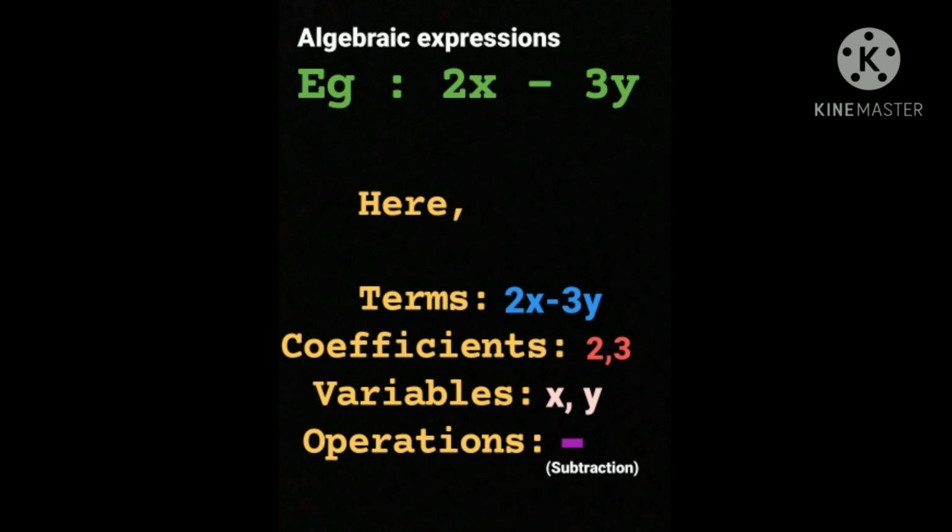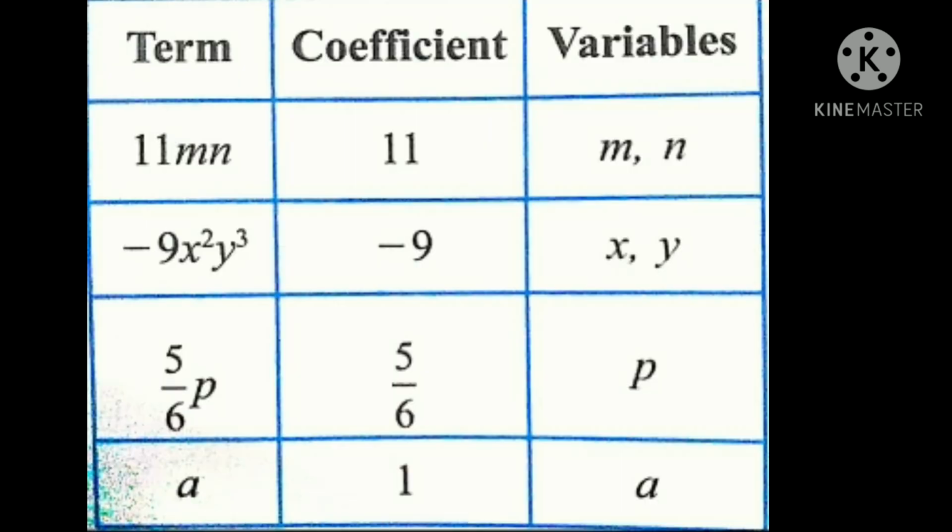Minus, subtraction. So this expression consists of two terms, 2x and 3y. Two terms it consists, and the coefficients are 2 and 3. Variables are the alphabets, so here x and y. Operation, subtraction.